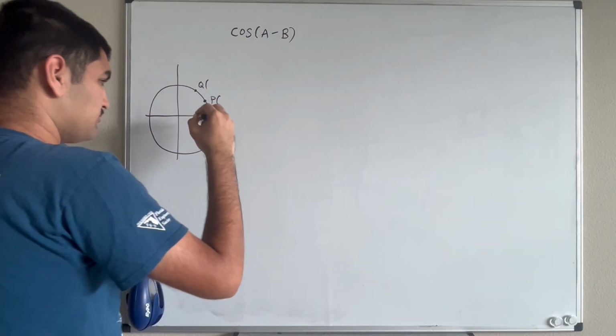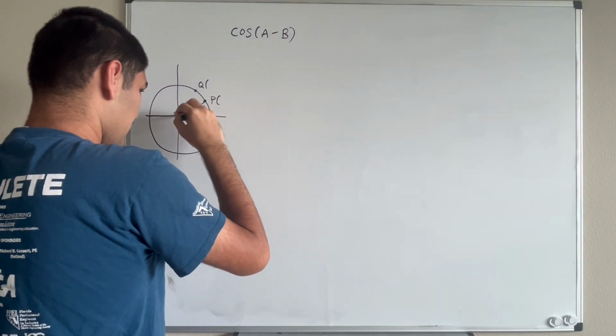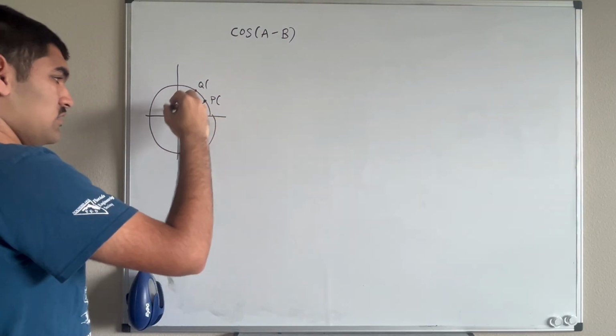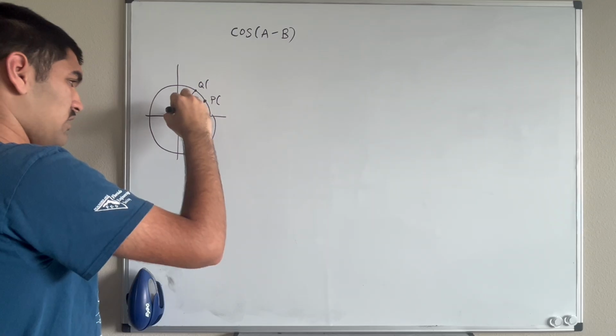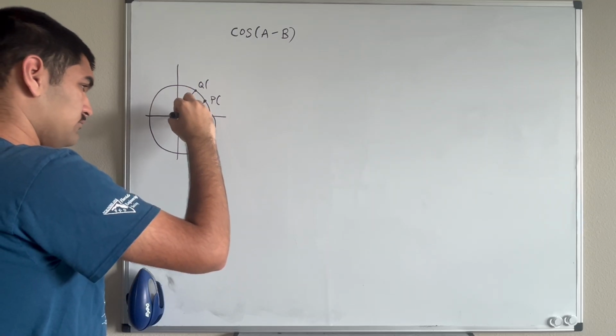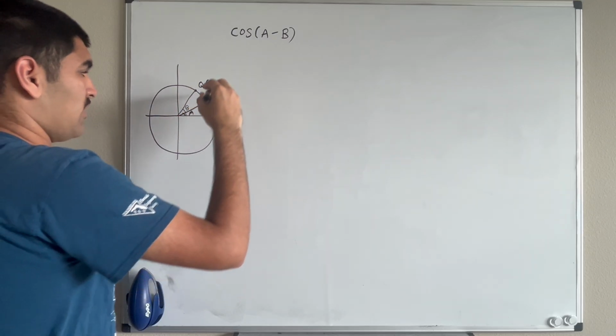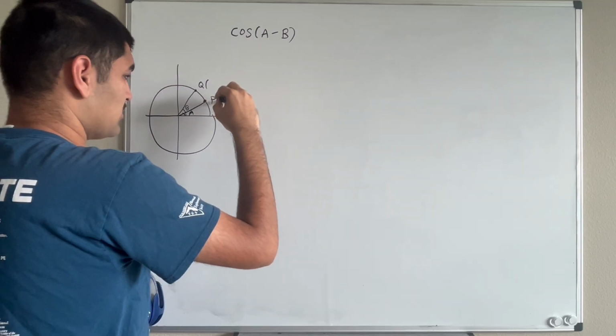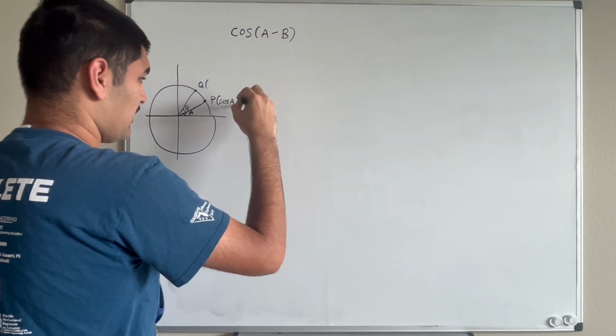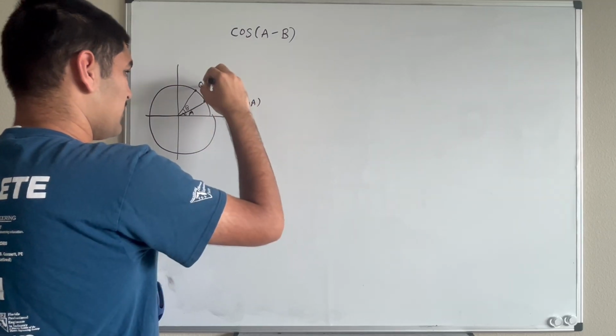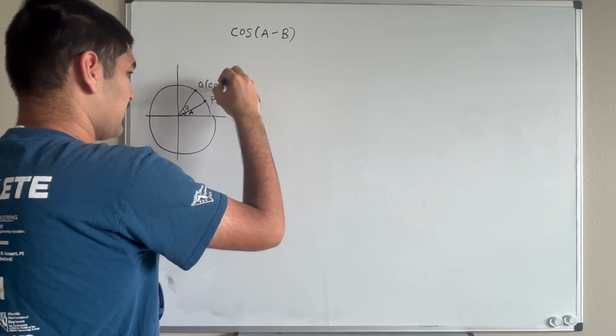Suppose this angle right here is A, and this whole angle is B. Then P has coordinates cosine A, sine A, and Q has coordinates cosine B, sine B.